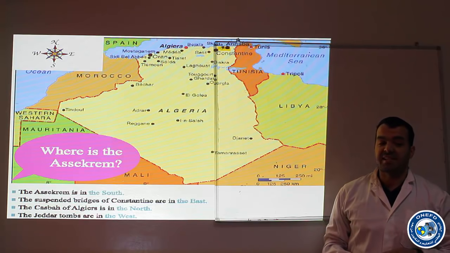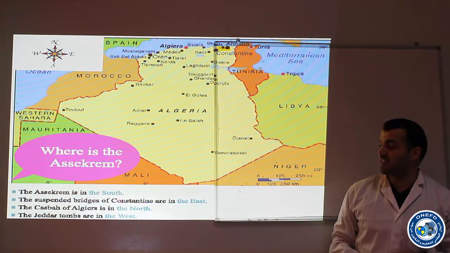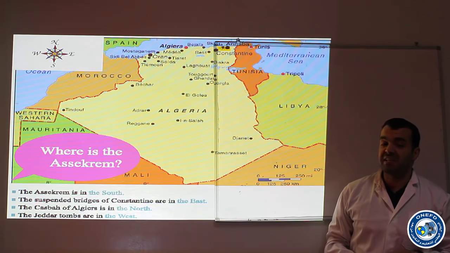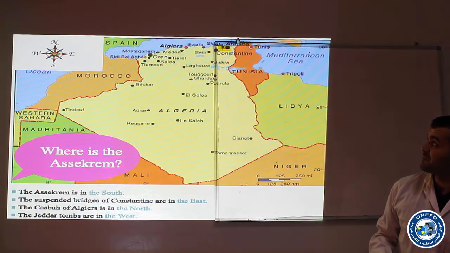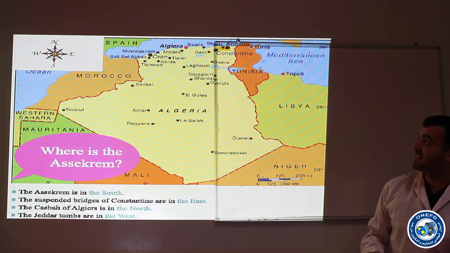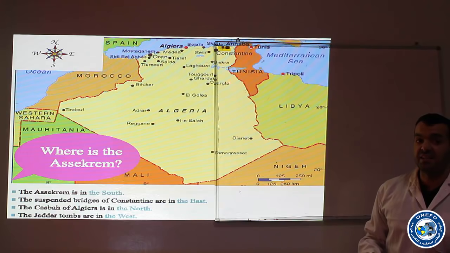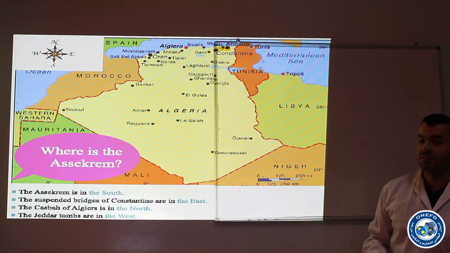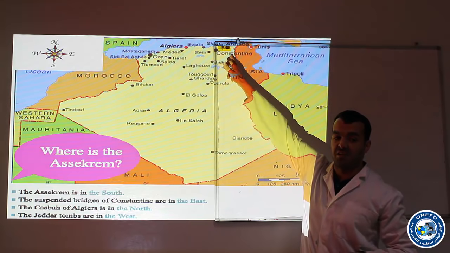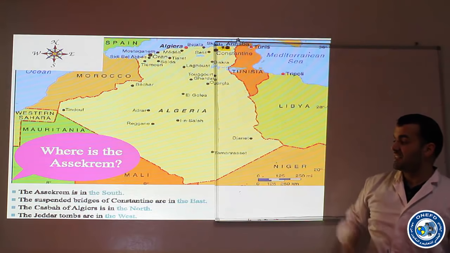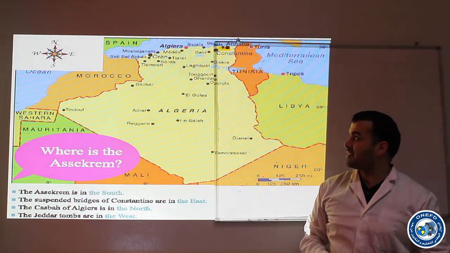Where are the suspended bridges of Constantine? They are in the east of Algeria.